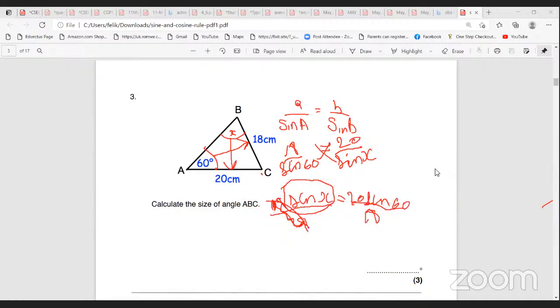So you're left with sine x. So write down your sine x. Just give me a second, please.